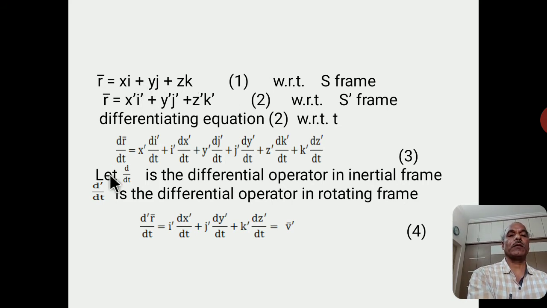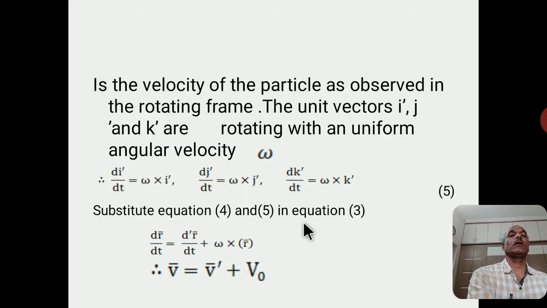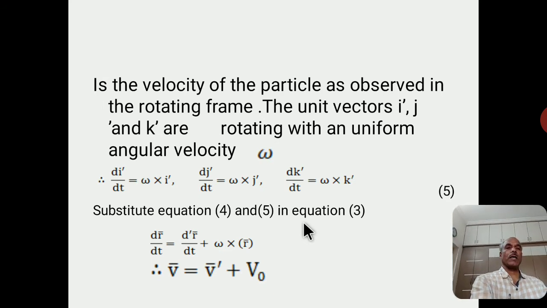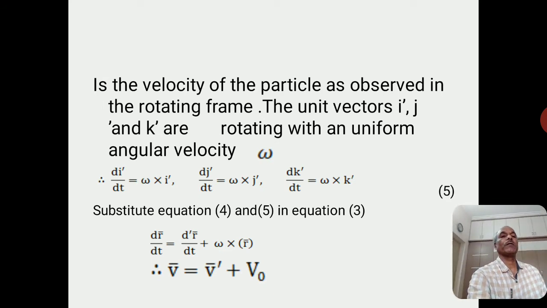Therefore, d'r/dt is equal to i' dx'/dt plus j' dy'/dt plus k' dz'/dt, which is equal to v'. v' is the velocity of the particle as observed in the rotating frame.